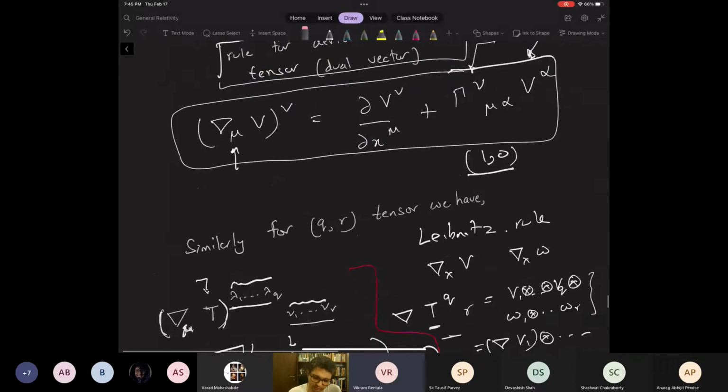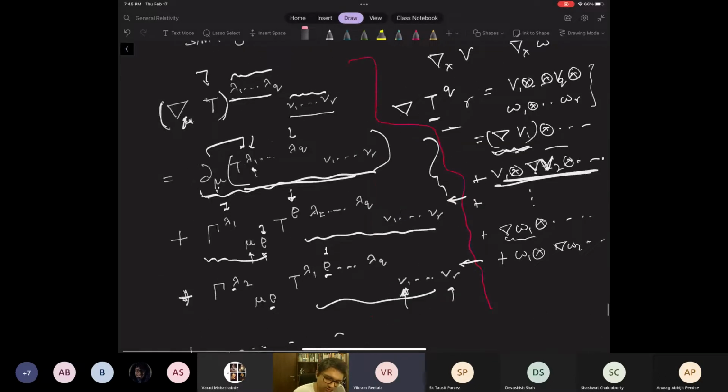These rules are very important. This general rule is good for you to try to remember and work through, so that you can remember exactly how the indices go.